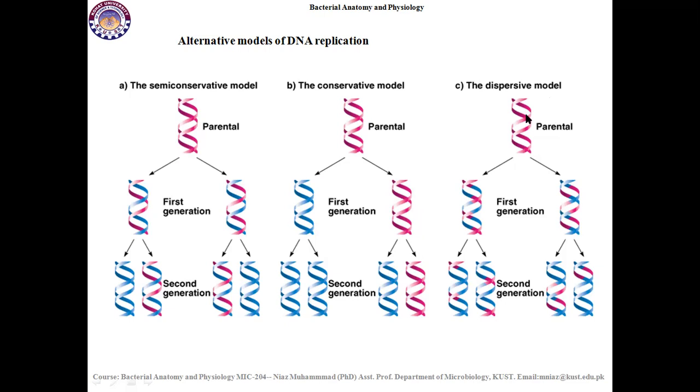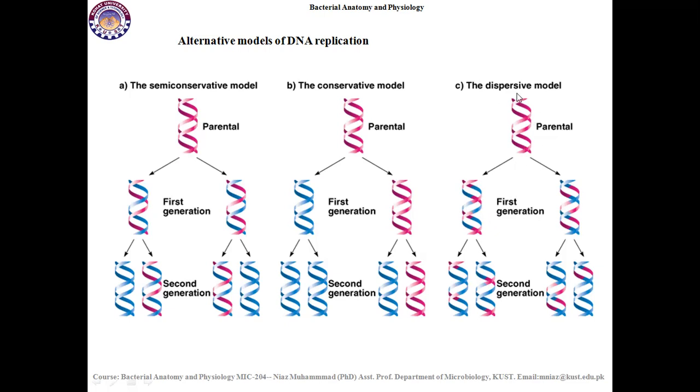The dispersive model explains this. Suppose this is parental DNA, and here some segments will be from parental material, and some segments will be synthesized as daughter strand, some parent. So it is a mixed model, in the second generation. But this model could not get a place. It is not so famous, so it is not too acceptable.